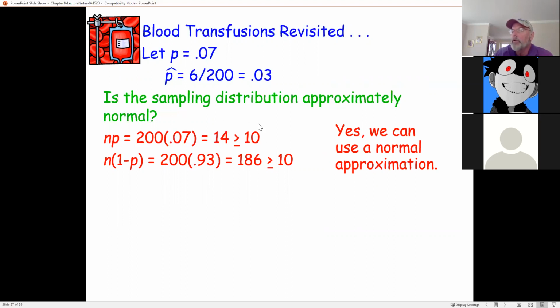That turns into 14, which is greater than 10. And the opposing 1 minus p has the same sample size, and of course 186 is clearly larger than 10.